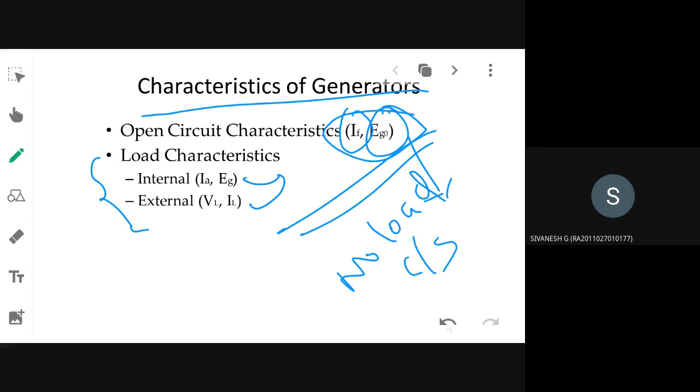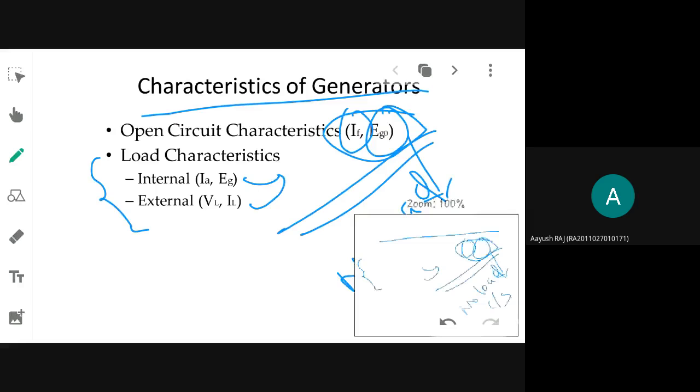Come on, Roshan will give me the answer. What are the two load characteristics that are listed in the slide? Roshan, Aryan, Ayush, between you three, I want the answer. Internal and external characteristics. So internal characteristics is drawn between what parameter?